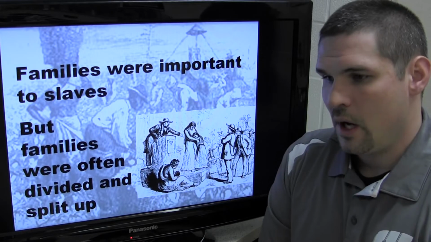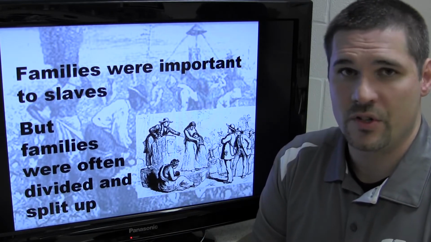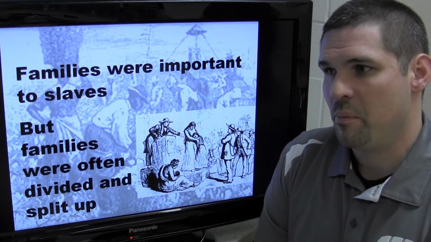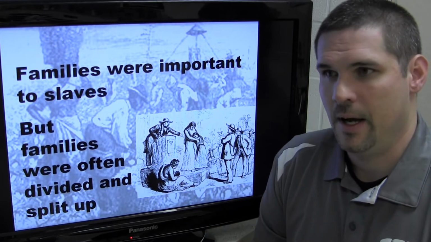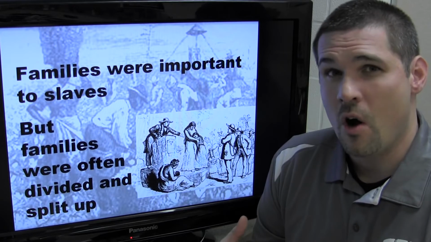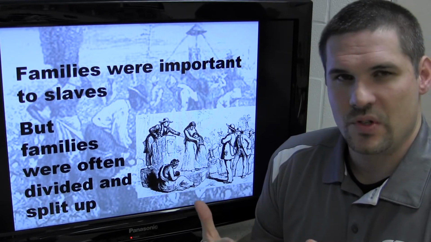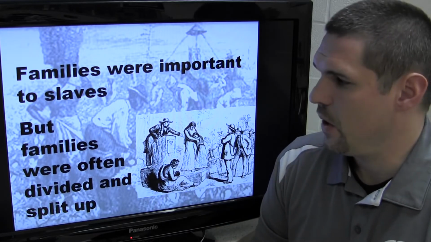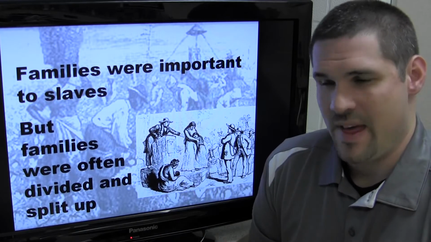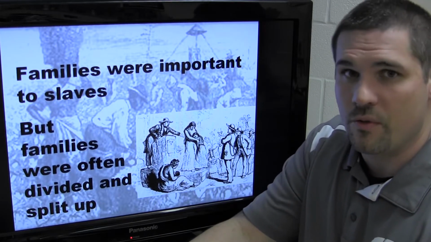So when, say, a young slave would be sold to another plantation away from their parents, they would basically adopt an older slave to become like a father figure or uncle figure, mother or aunt figure, and this was kinship. So they were as close as family without being family, and the slaves depended heavily on this to survive.